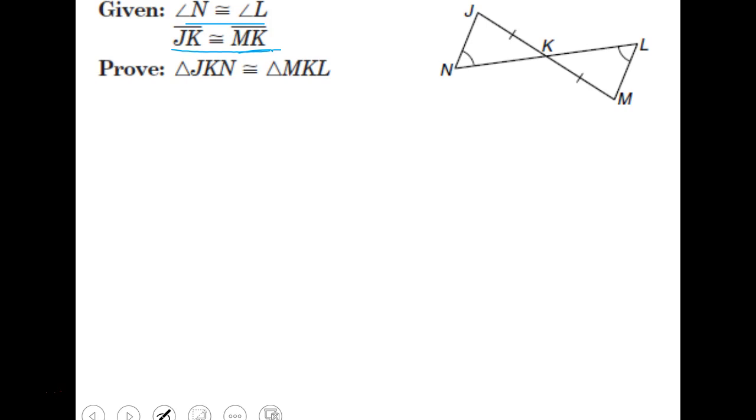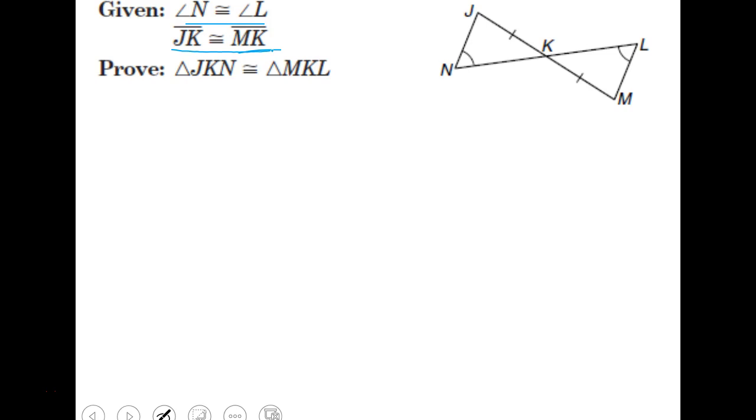So right here, if we look at our picture and sort of make a plan here, we see that angle N and angle L are marked congruent. We also see that JK and MK are marked congruent, which gives us one set of sides and one set of angles that are congruent. So we either need another side or another angle, and in this case it's going to have to be an angle.